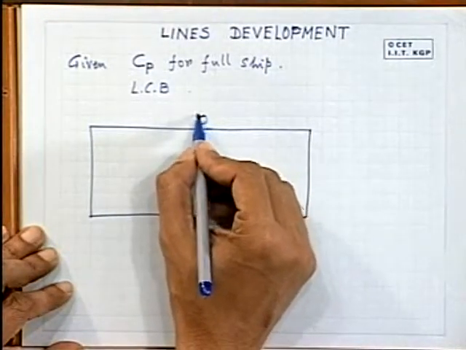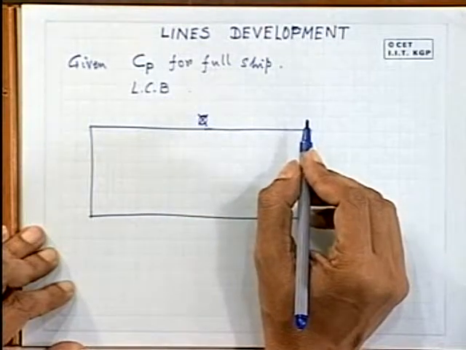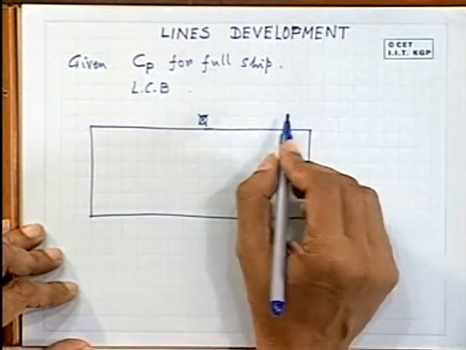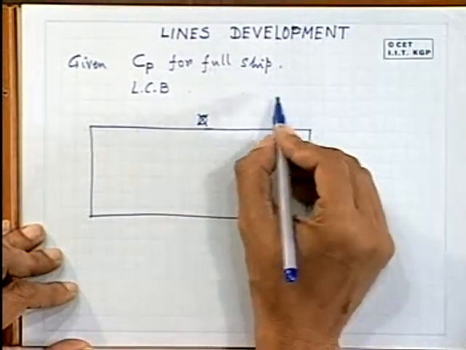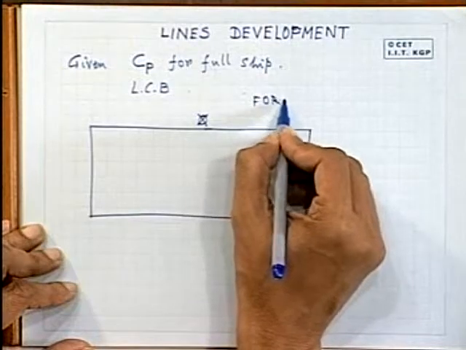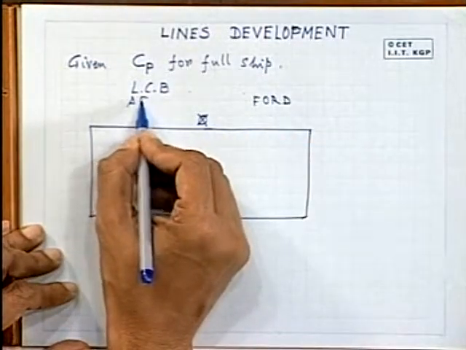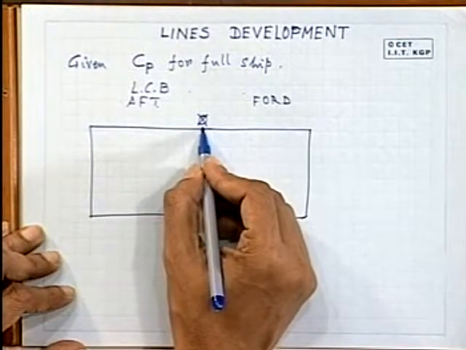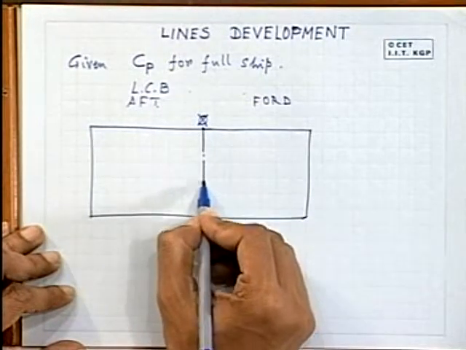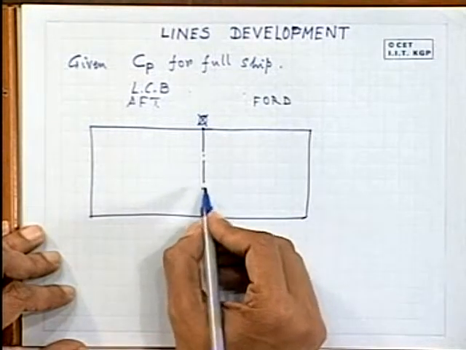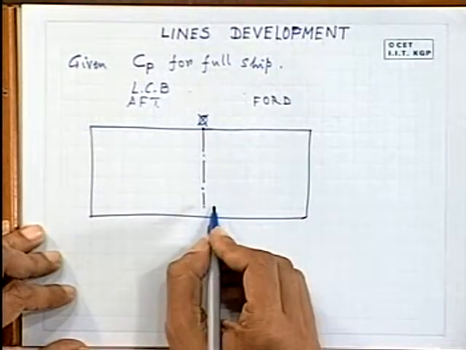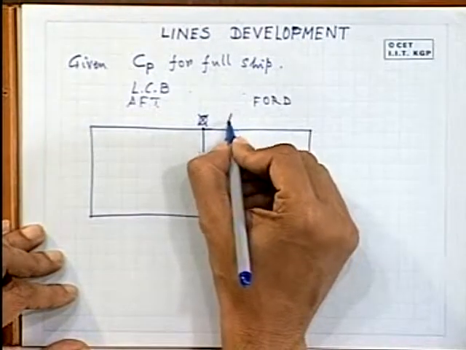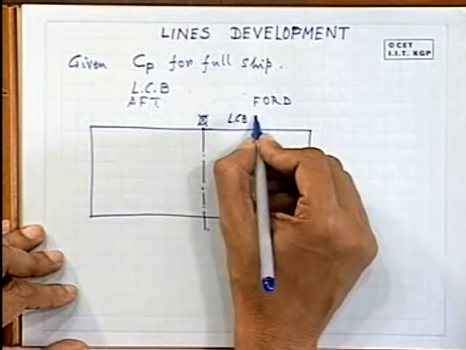So this is your midship, and this region is forward of midship, and this is aft of midship. You have a number of stations, and the LCB is given as a percent.